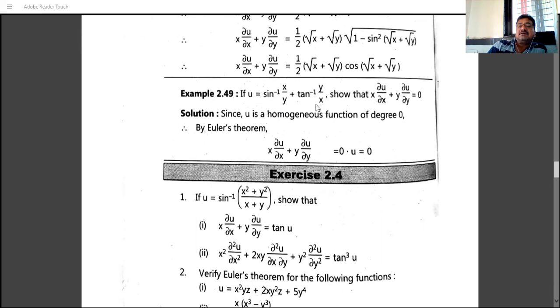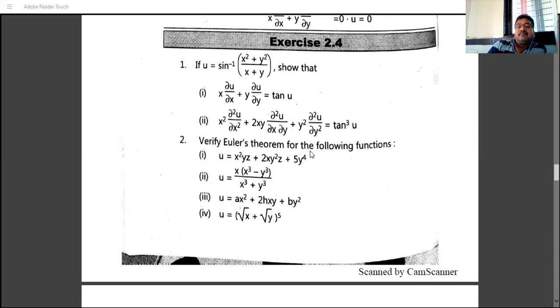And we have the same answer, that is t raised to 0 into u, f of xy. So f of tx, ty can be expressed as t raised to 0 f of xy. Therefore, this is a homogeneous function of degree 0. And therefore, by Euler's theorem, x del u by del x plus y del u by del y is nu. What? n is 0, so 0 times u, that is 0.